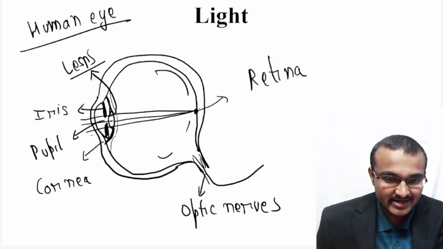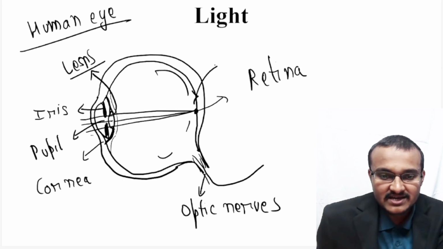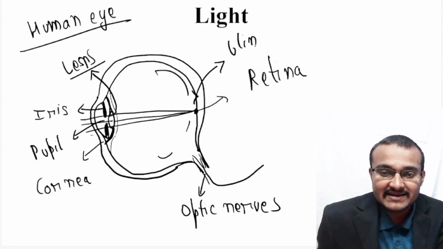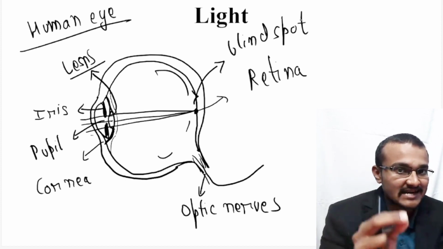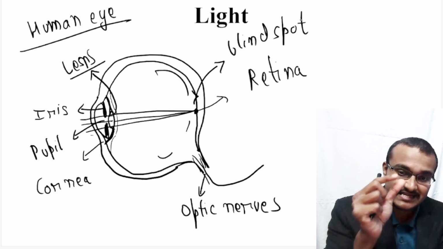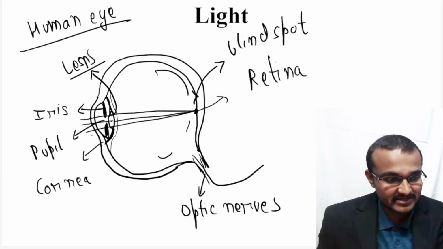In the human eye, there is one particular spot on the retina which is known as the blind spot. Whatever light falls on this spot, the retina cannot sense that light. That's why that spot of the retina is known as the blind spot, and it is there in every human being.